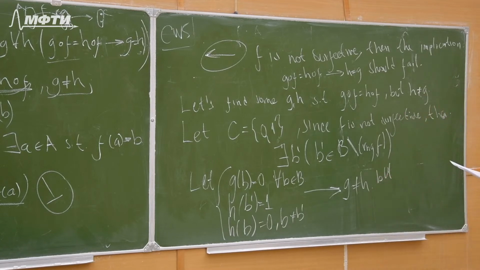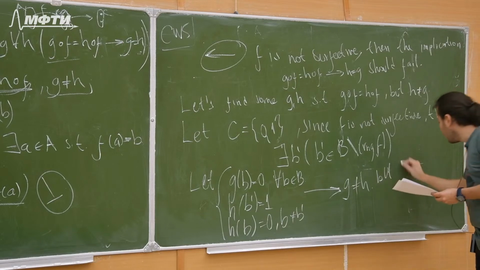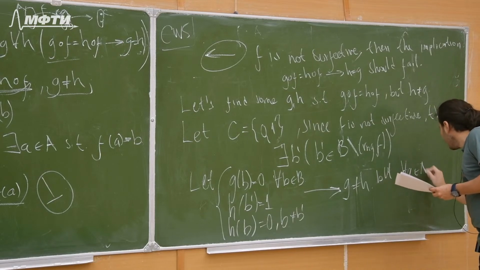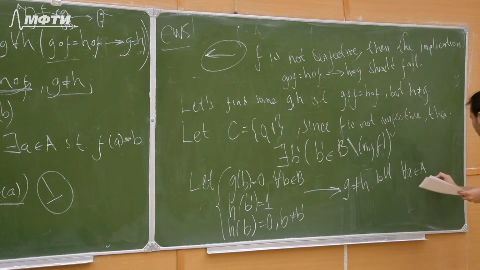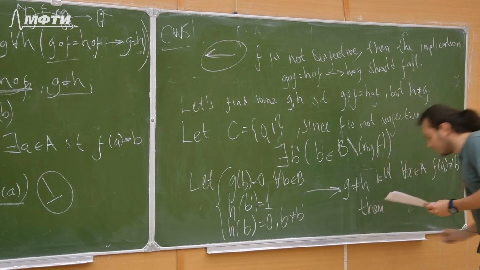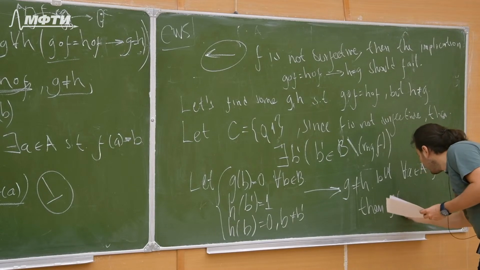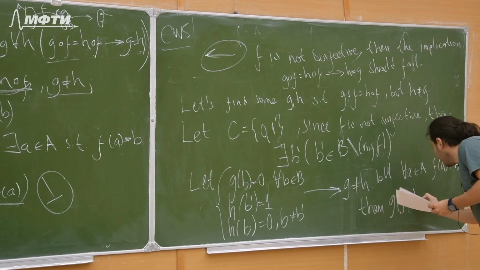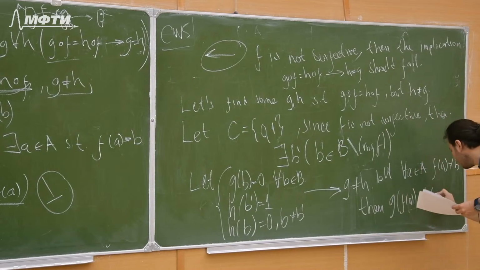But what we can see is that for all a in A, f of a is not equal to b prime, then g of f of a is equal to h of f of a. So they're equal to 0, right?